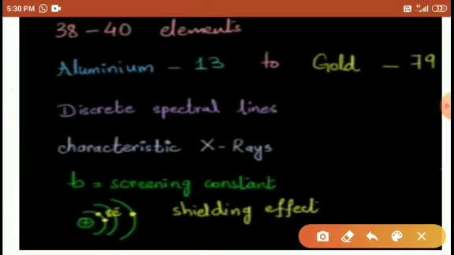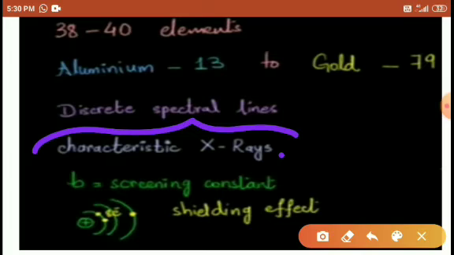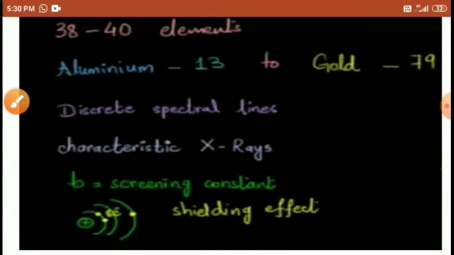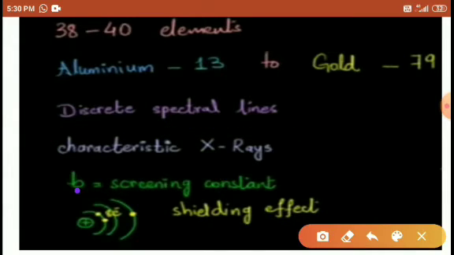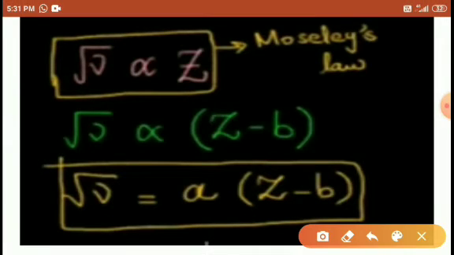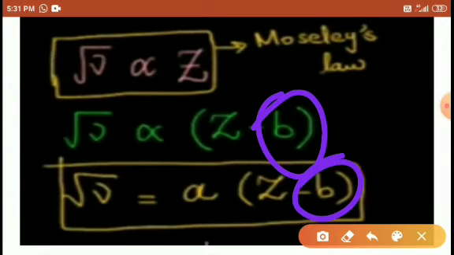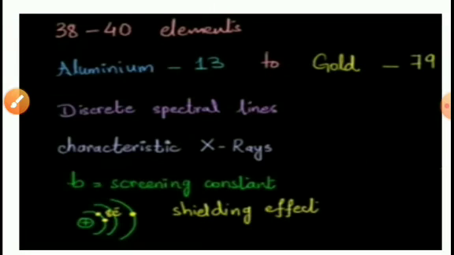And they have characteristic X-rays: when alpha rays strike the metal, the elements exhibit characteristic X-rays. B means the screening constant. The inner electrons repel the outer electrons, and that is the screening effect. So this B, students, is the screening effect.